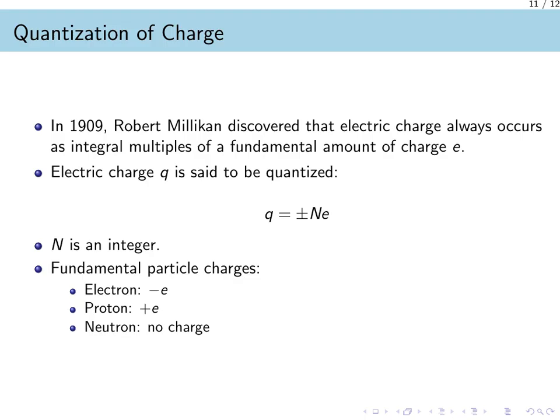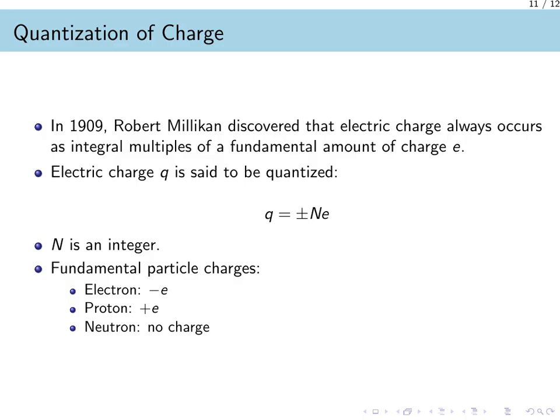Another fundamental property to understand is the quantization of charge. In 1909, physicist Robert Millikan discovered that electric charge does not exist in arbitrary amounts. Rather, it always occurs strictly as integral multiples of a fundamental, indivisible amount of charge, denoted by the letter E. Because of this, we say that electric charge, represented by the variable Q, is quantized.